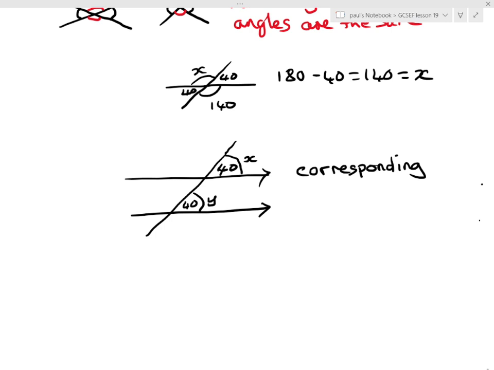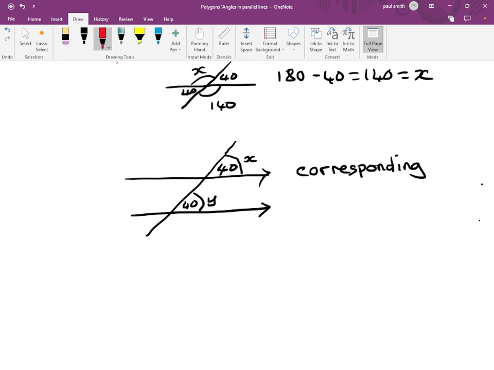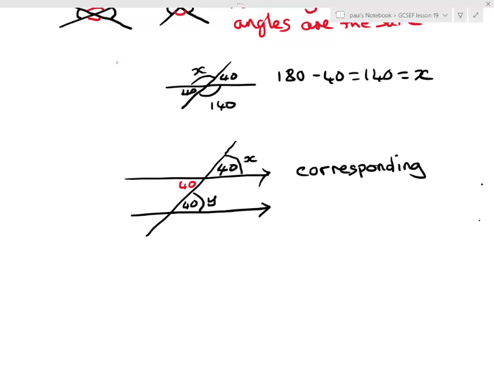Yeah, it's 40 because it's corresponding to X. So if you want to go a bit further with this one, you can say, that one's 40 as well, so this one must be 40 as well, because this one and this one are corresponding because they're in the same place. And then we've got the angle on a straight line, so that was 140. Vertically opposite, that's 140. Now you've got some more corresponding angles that make that 140. So you can see the top and the bottom is exactly the same.